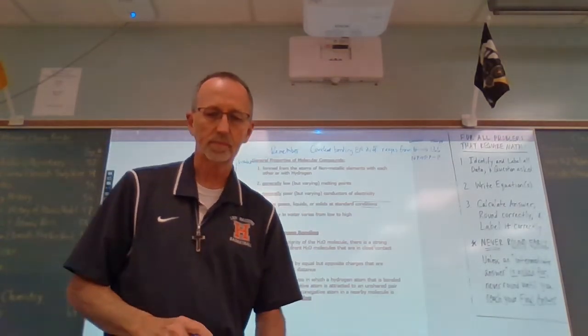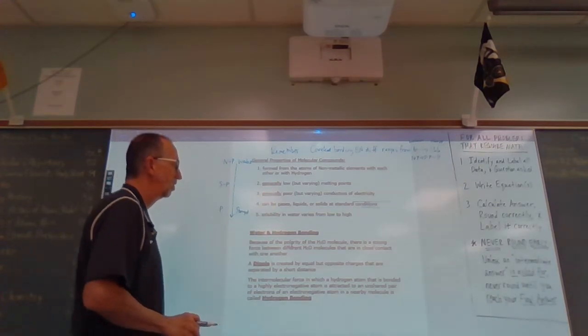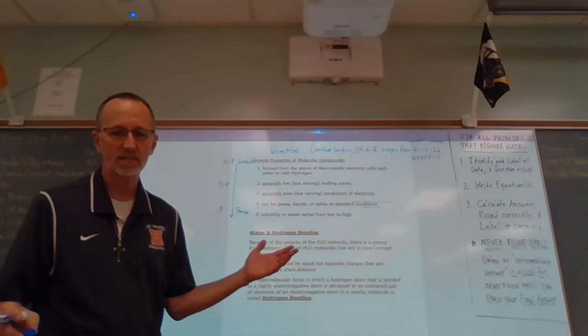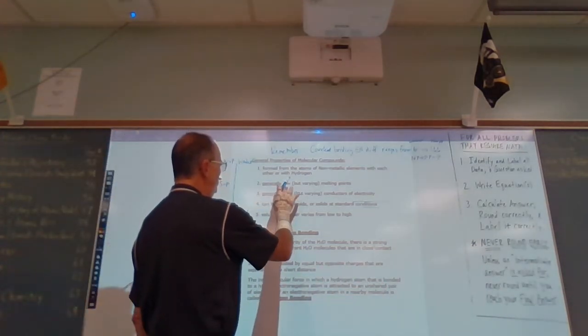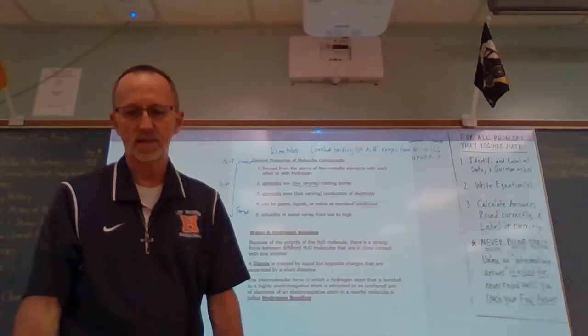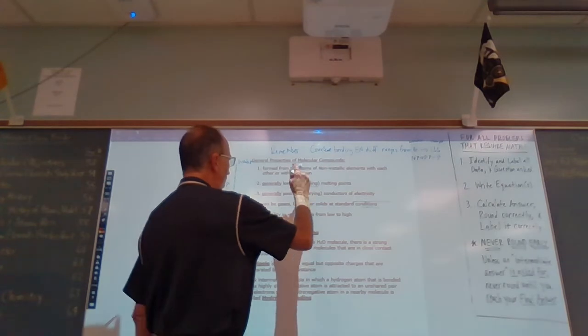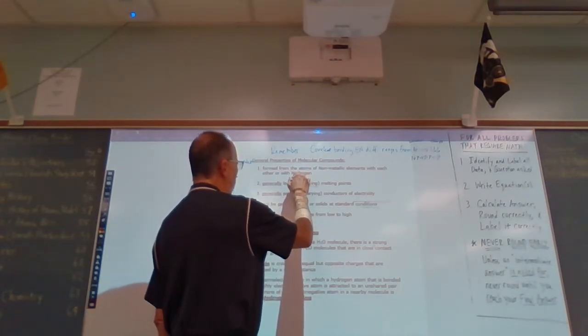All right. So first, they're formed from the atoms of non-metallic elements with each other or with hydrogen. Of course, that's true of all of these. But now here, generally low, but varying melting points. All right. So a really low melting point would be with the weakest bond.